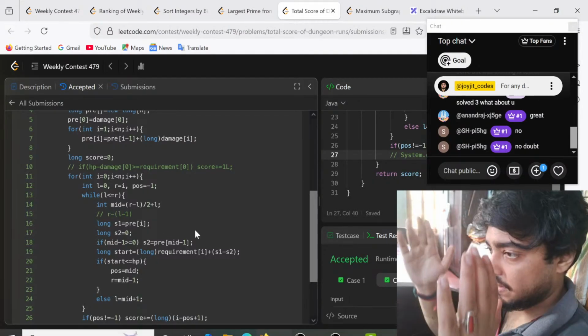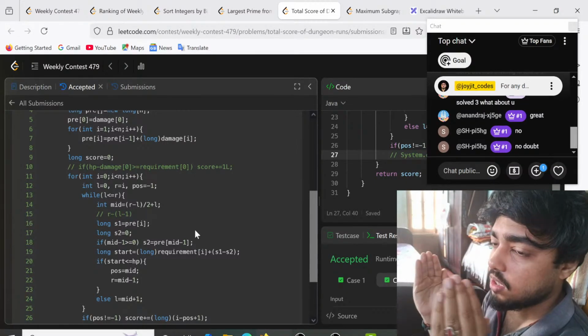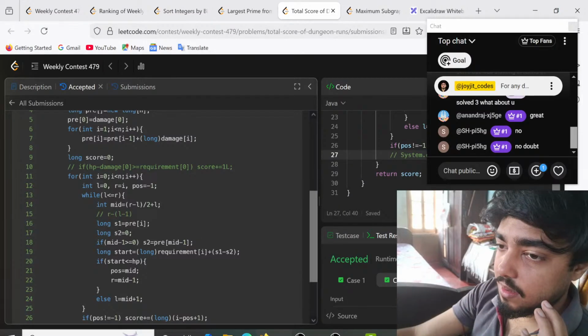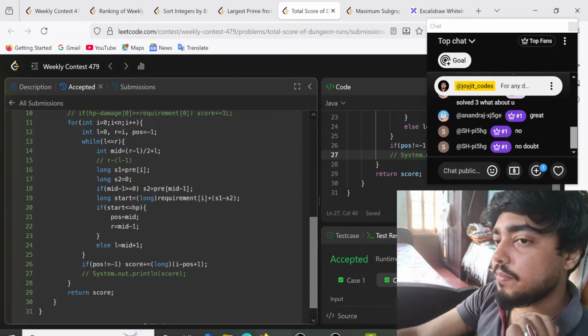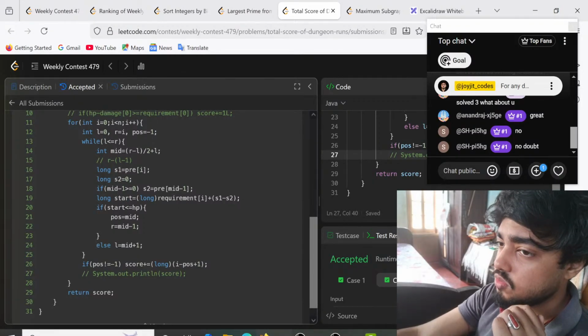So we get the sum of all the damages between mid and i. What is the starting health that we can have? It is requirement of i plus S1 minus S2. This S1 minus S2 is the damage.